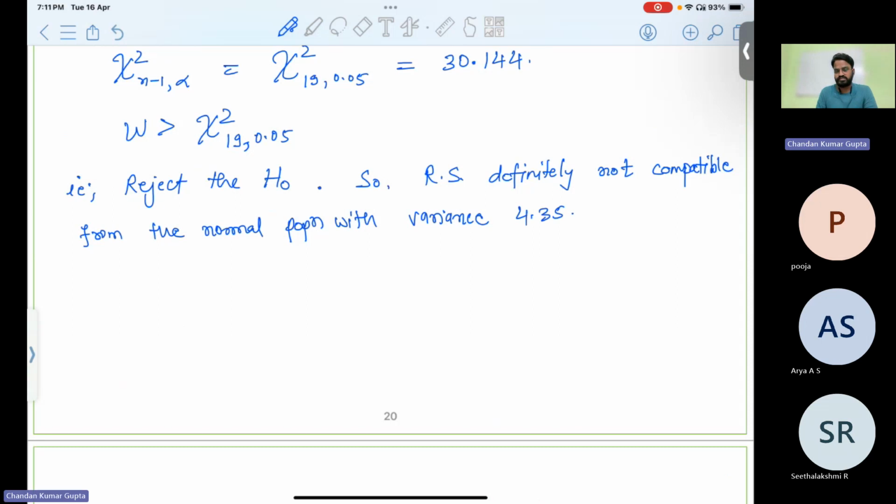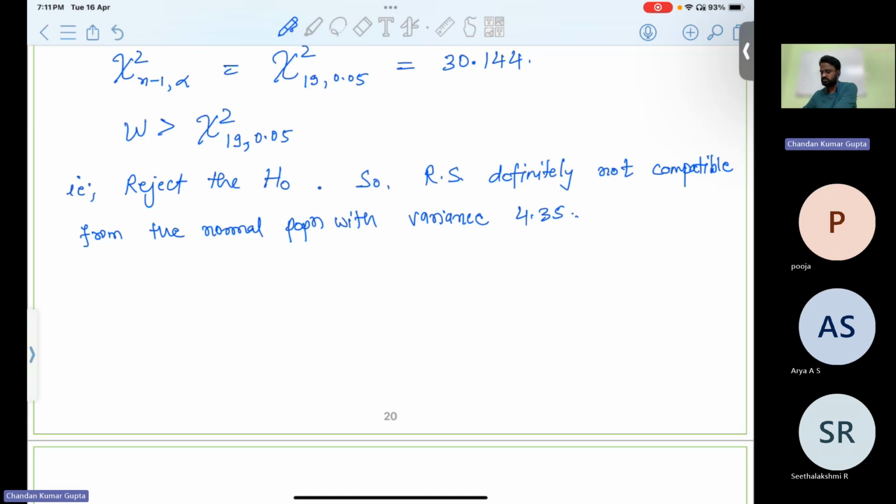So that sample is not taken from the normal population having variance 4.35. Okay, so this is how we are discussing testing under different scenarios.